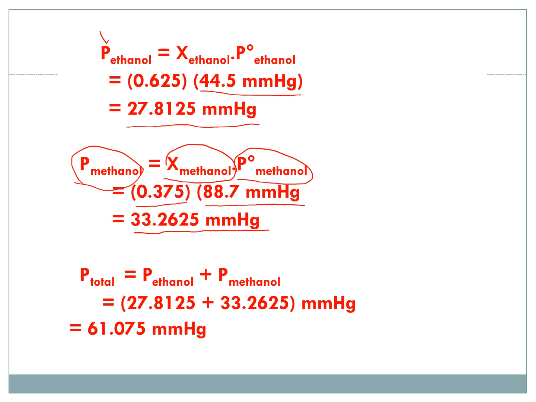So the total vapor pressure will be the partial pressure of ethanol plus the partial pressure of methanol, equal to 27.8125 plus 33.2625 mm mercury, equal to 61.075 mm mercury.